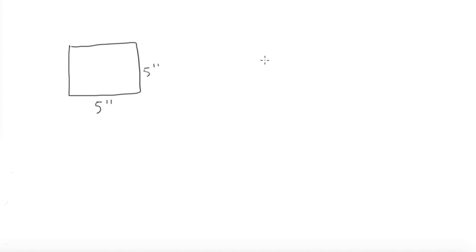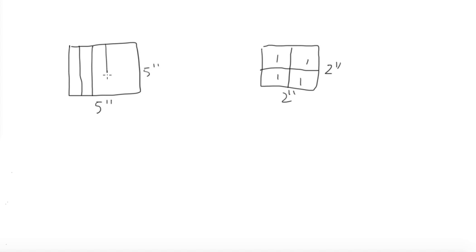And let's do another one over here. Let's do 2 and 2. Well, if it's 2 and 2, it has to be divided like this. Right? It's 2 inches. 1, 2, 3, 4. All right. And then this one has to be divided into 5. And 5 again.